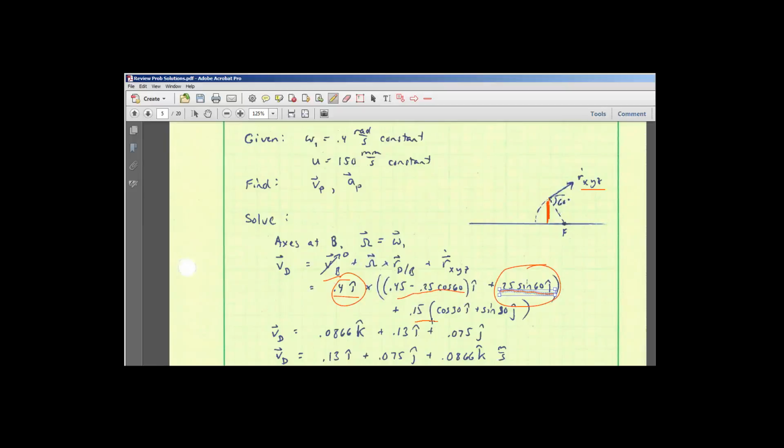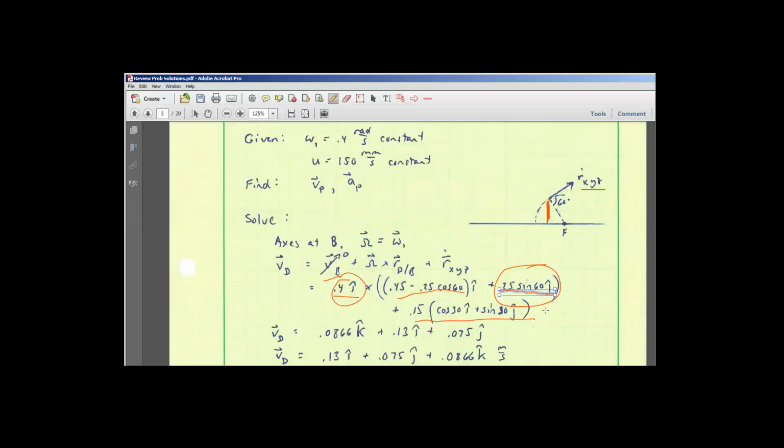And then this term right here, which is your U part, which is your VREL or your R dot, gives you the second part of the velocity of D. So when you're talking about the R dot term, the relative velocity, that 0.15 came from the given, right? So that's the U. Yes.